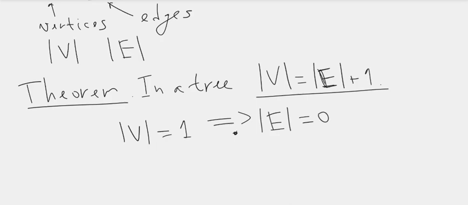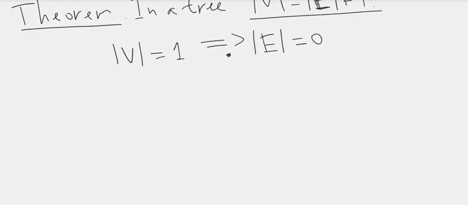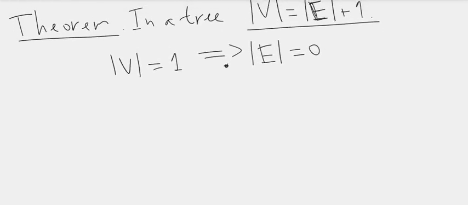So now let's assume that the statement is true for n vertices, and we are going to prove it for n plus 1 vertices. So let's consider a tree with n plus 1 vertices. Let's say it looks something like that.